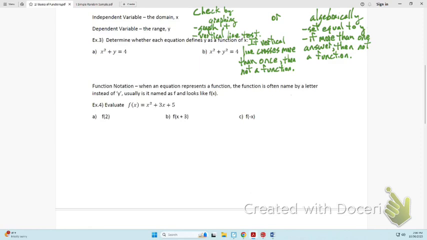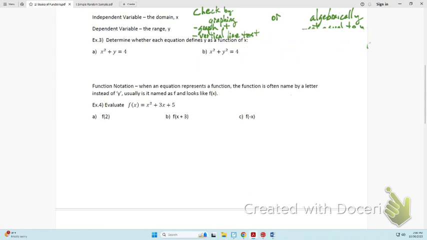So let me make some space here, and we will solve it algebraically. And first one, you move x squared to the other side because we got to solve for y. And here's our function, or our equation, I should say.